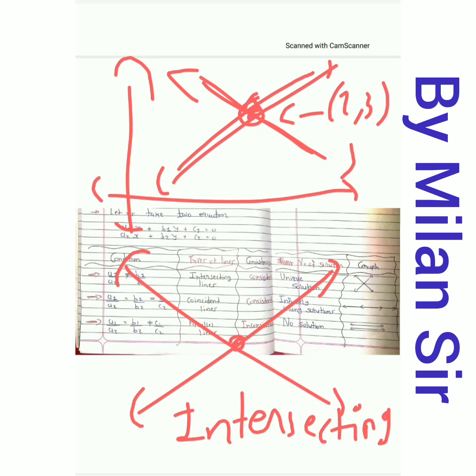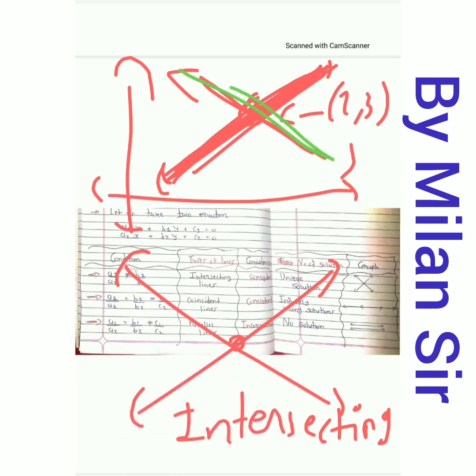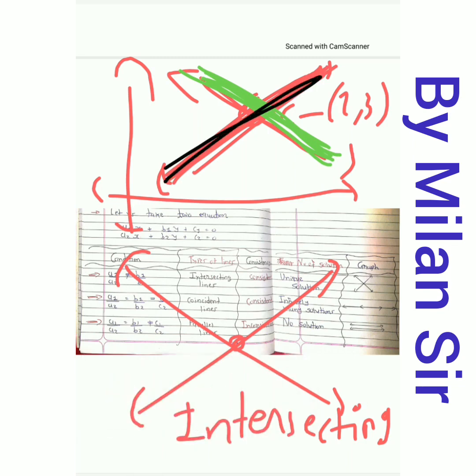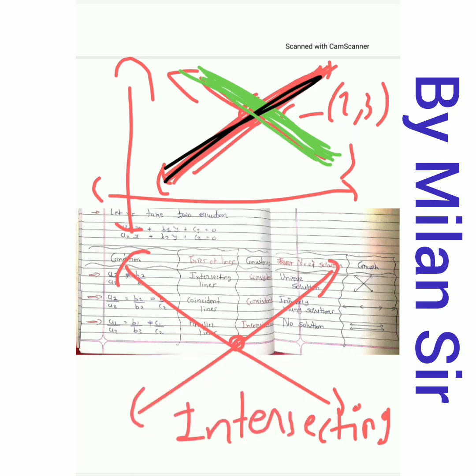If we take any point which lies on this line, it only satisfies the equation of this line. If you take any point on this other line, it only solves the equation of that line.